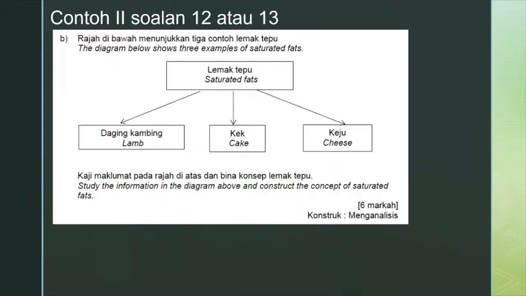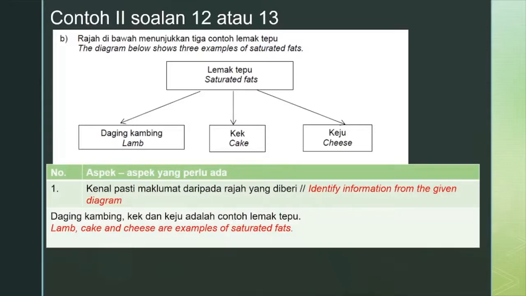Alright, so kita lihat contoh jawapan. The first aspect, kenal pasti maklumat daripada rajah yang diberi. Identify information from the given diagram. So, jawapan dia, daging kambing, kek dan keju adalah contoh lemak tepu, sebab di sini dituliskan lemak tepu dan ditunjukkan panah kepada daging kambing, kek dan keju.